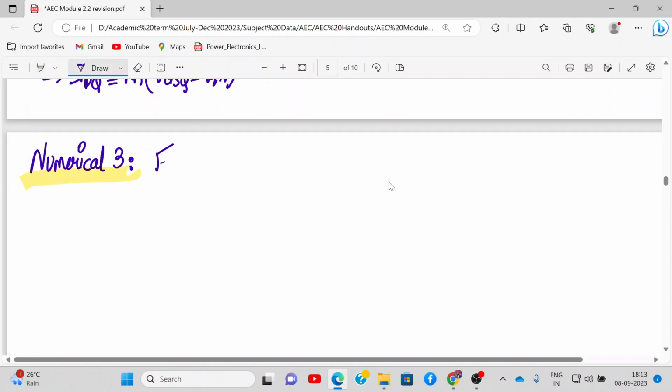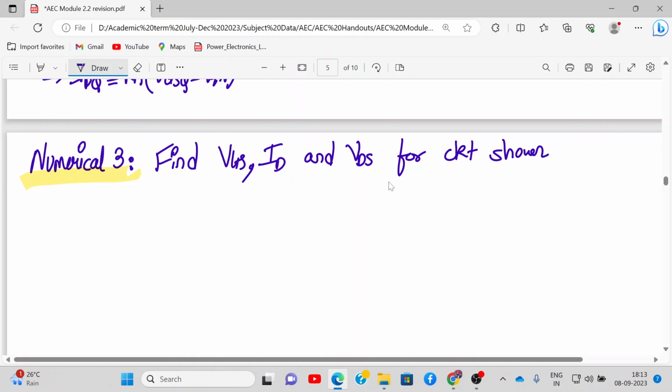Find VGS, ID and VDS for the circuit shown. So draw the circuit please. This is a dotted line. Whenever that is there, it is an enhancement type MOSFET. So here we have a resistor. Drain feedback bias is a very unique circuit. You will identify it very fast. And this is grounded.